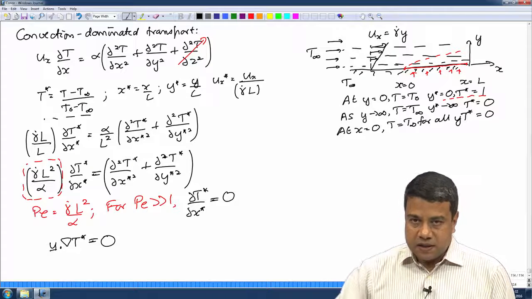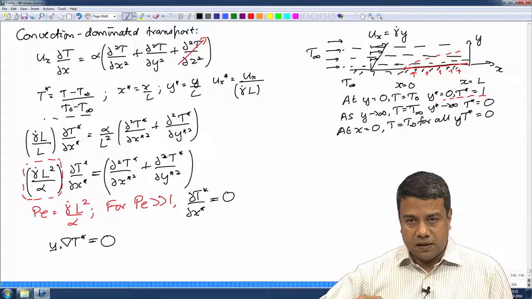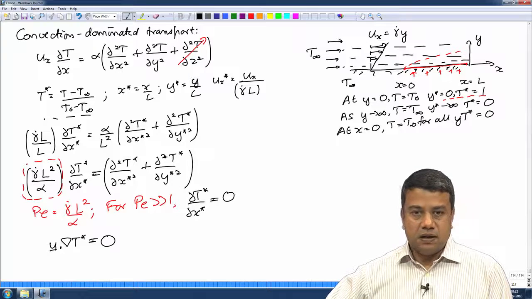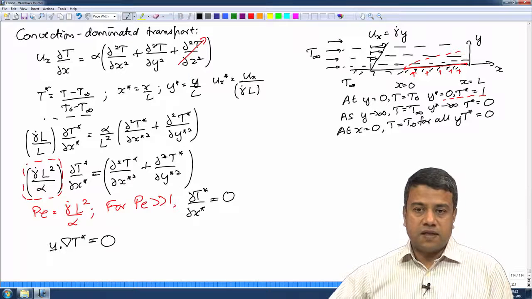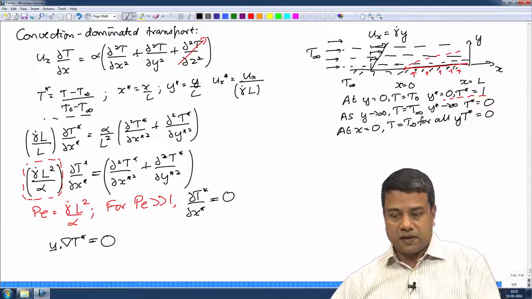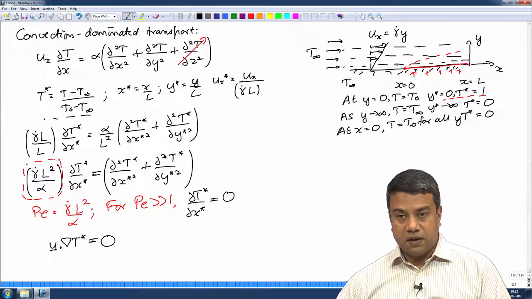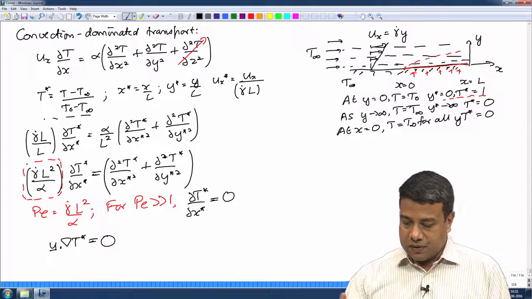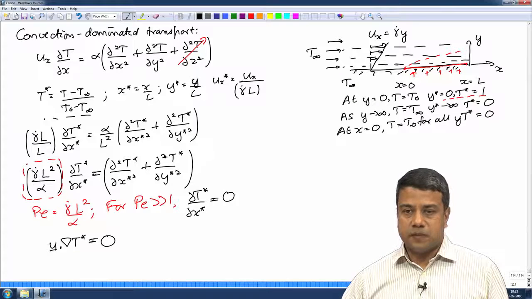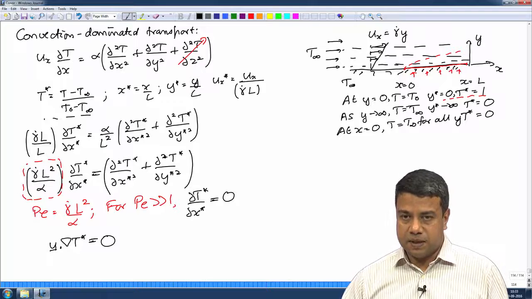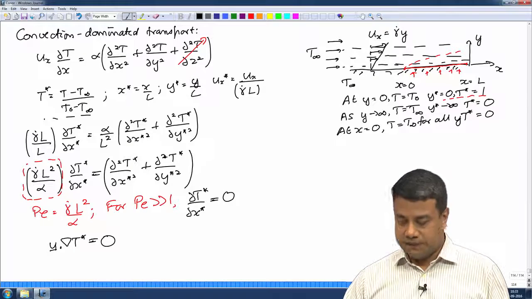Grad T star is the variation in T star along a particular direction. U dot grad T star is the variation in T star along the direction of the velocity. Therefore, if u dot grad T is equal to 0, that means that there is no variation of the temperature along the fluid streamlines.